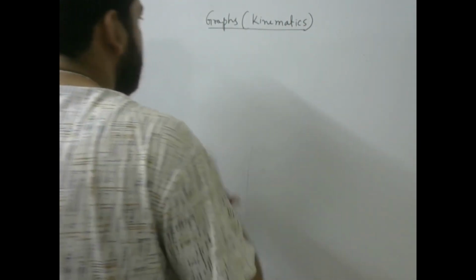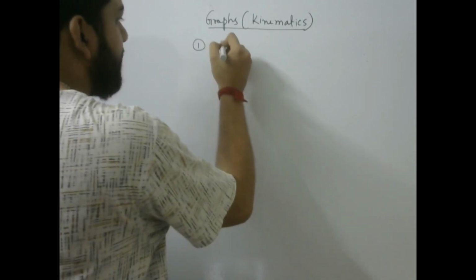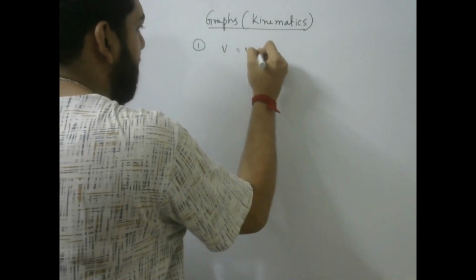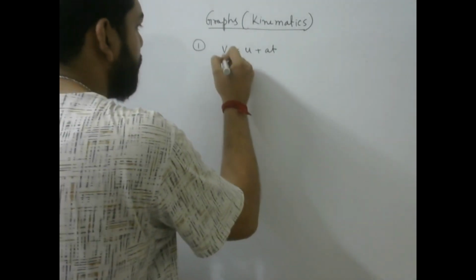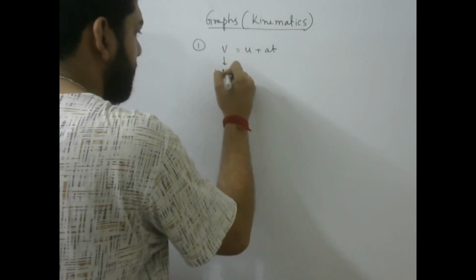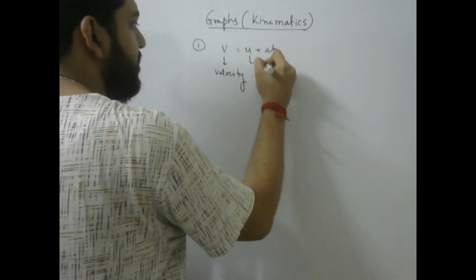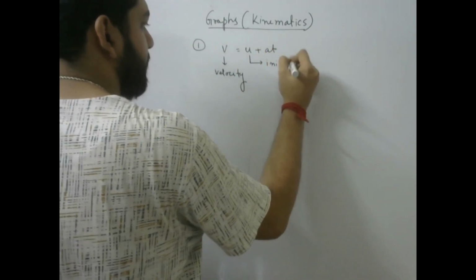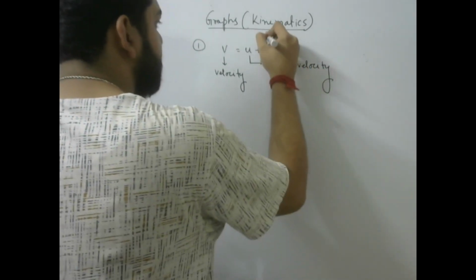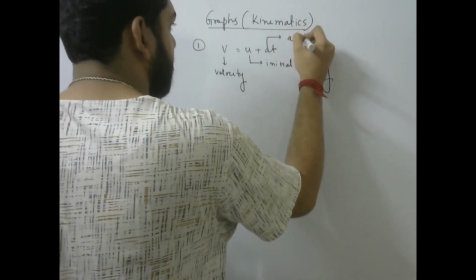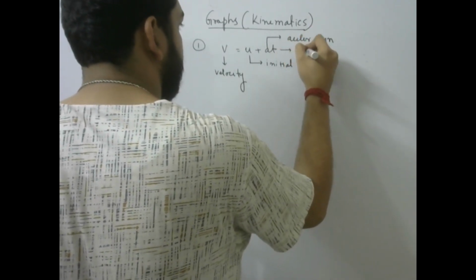The first equation of the kinematics of a uniformly accelerated motion is v equals u plus at. Here you need to understand v is the velocity, u is the initial velocity, a is your acceleration, t is your time.